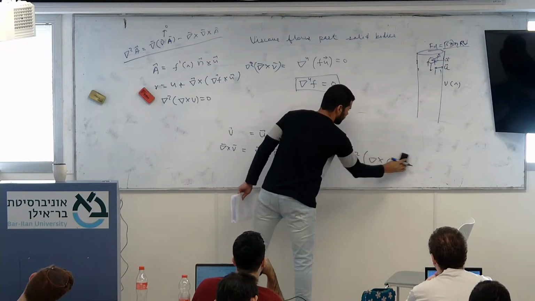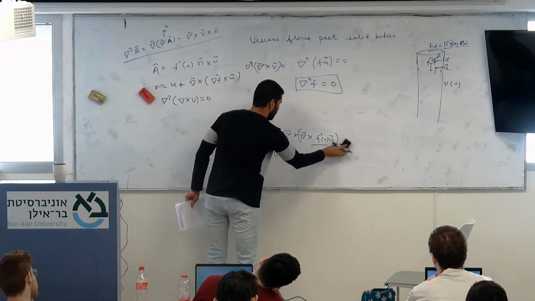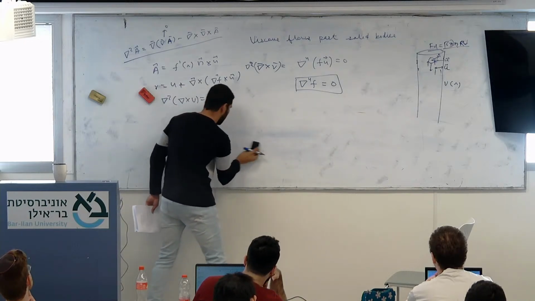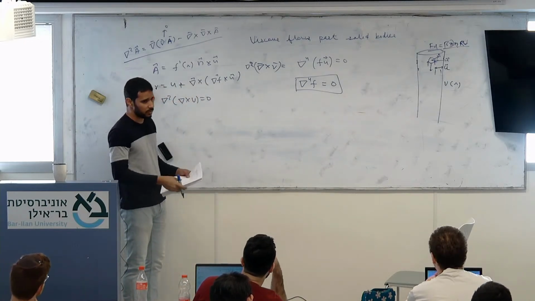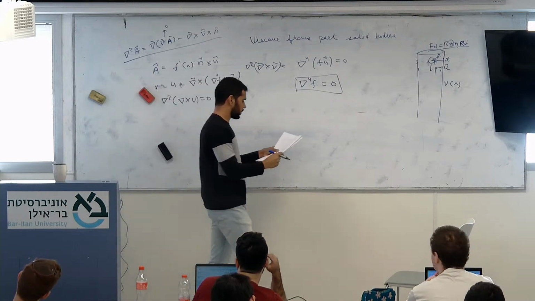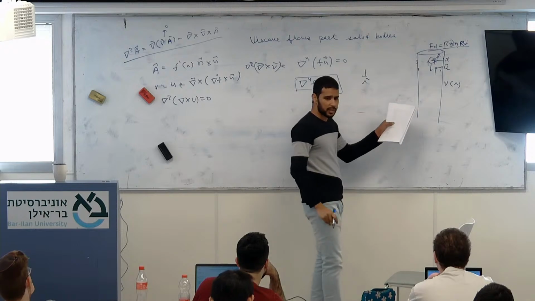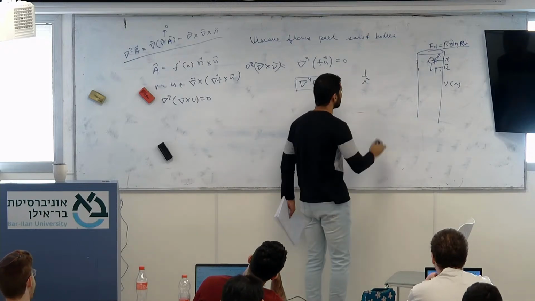You know about functions whose Laplacian equals 0. You have to find the function for which this is 0. We are working in spherical coordinates, right? Not in Cartesian.